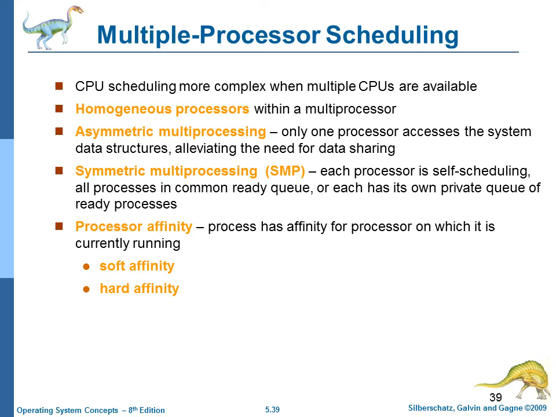This approach is simple, as there is no need to share critical system data. The other approach is called symmetric multiprocessing, SMP, where each processor schedules its own job, either from a common ready queue or from a separate ready queue for each processor. Virtually all modern operating systems support symmetric multiprocessing, including XP, Windows 2000, Solaris, Linux, and Mac operating systems.